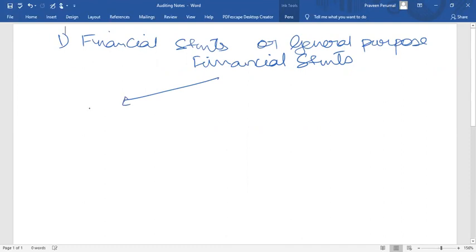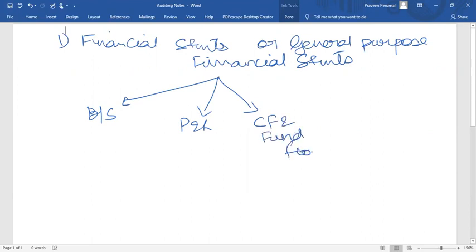The first is the balance sheet. The second is the profit and loss account. The next is cash flow and fund flow statement. The fourth element is statement of changes in equity, if any.